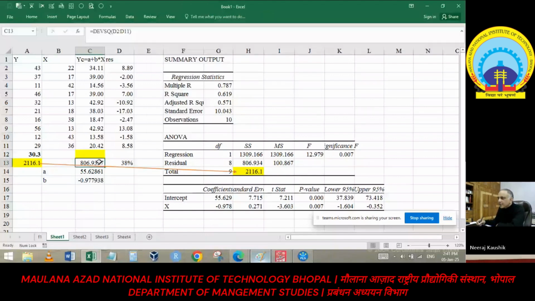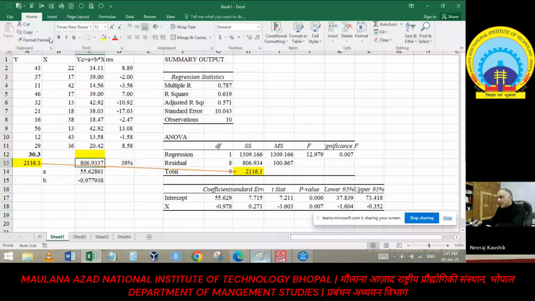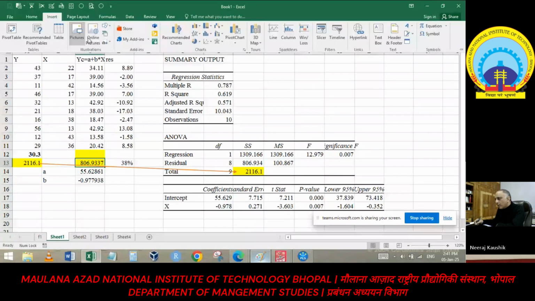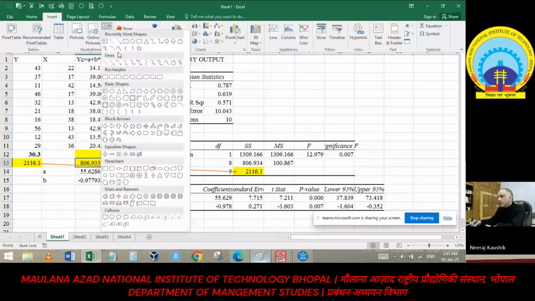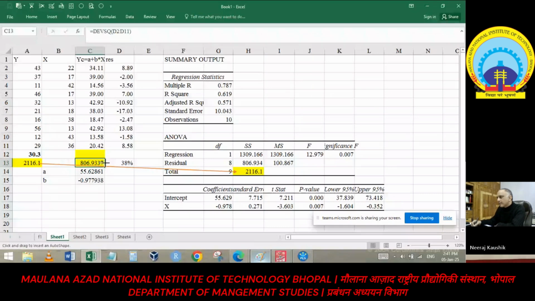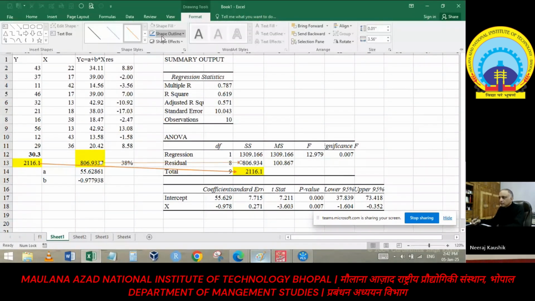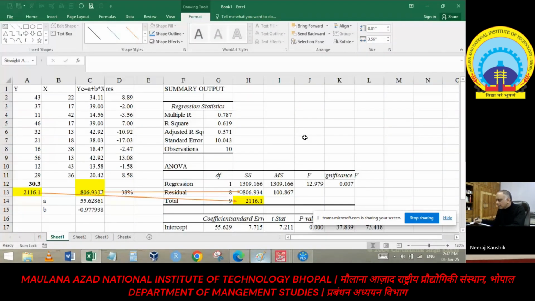What is this 806.9? That is the explained part. Okay, so where is the explained part from? Check it out here in the ANOVA table. You will find it.